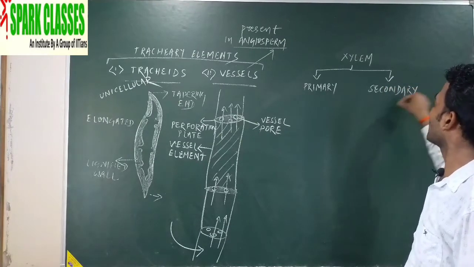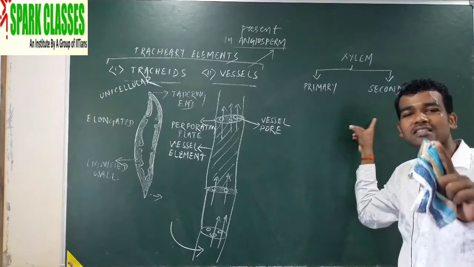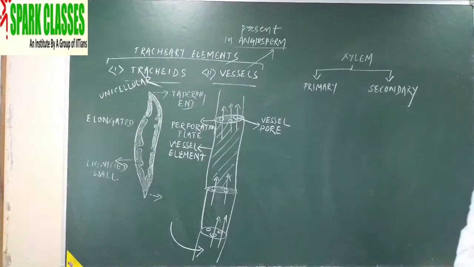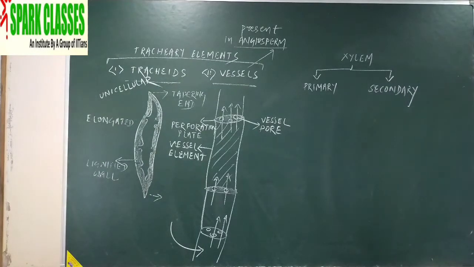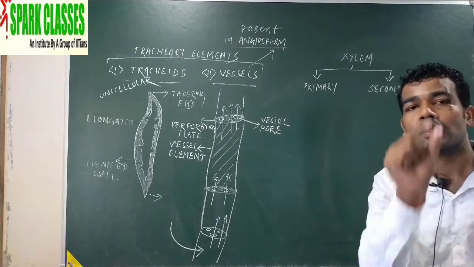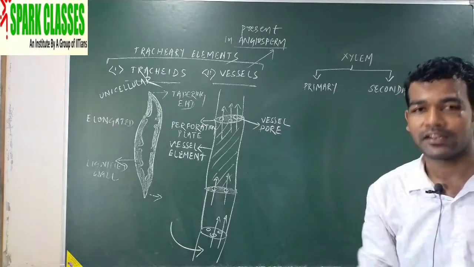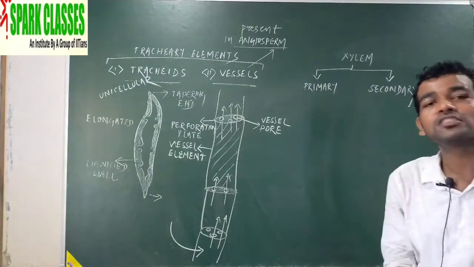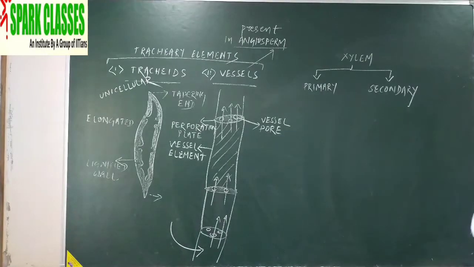Already I told you the difference between primary and secondary with an example in the last class. If you still have not remembered, I am telling that example again. In primary school, you read from LKG, UKG up to class 7, primary school. After that, 8, 9, 10, that is your secondary school. Now you are in higher secondary.